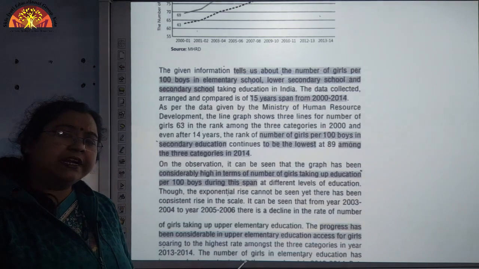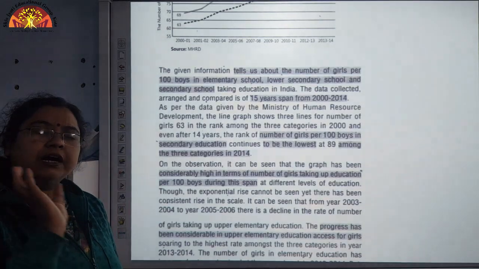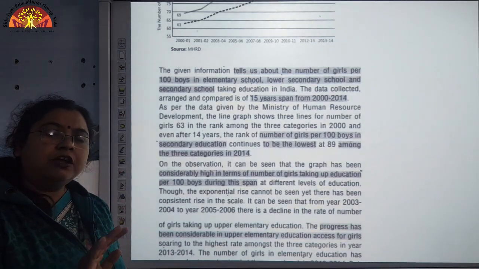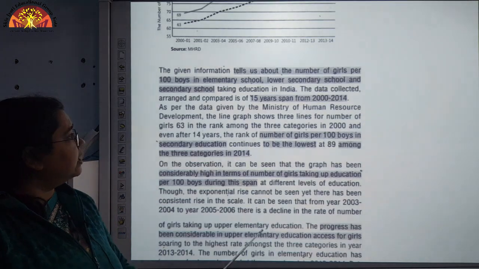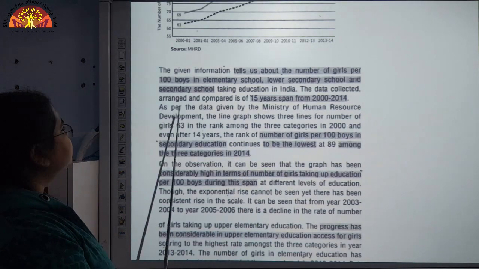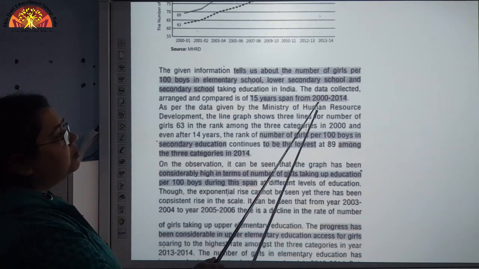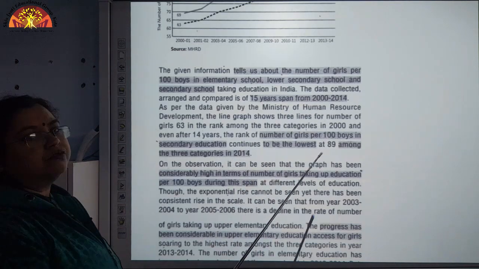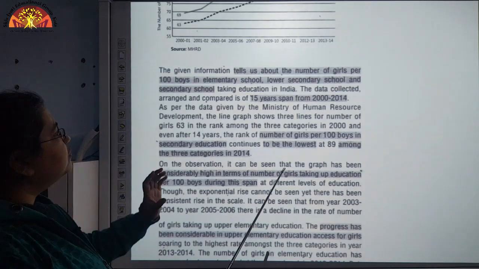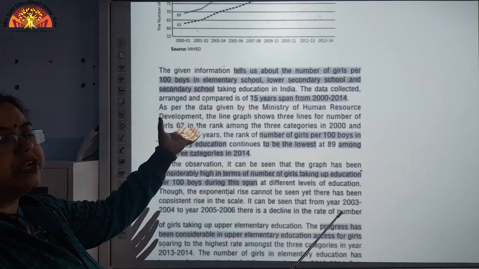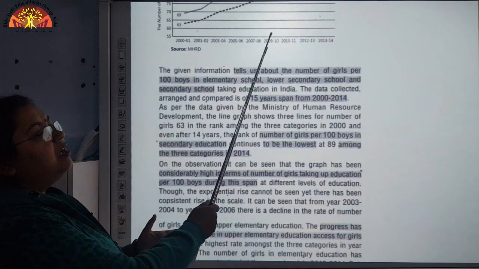So, the data is about the number of girls over 100 boys. The data collected, arranged and compared is of a 15 year span from year 2000 to year 2014. So, this is the first introductory description of the line graph.